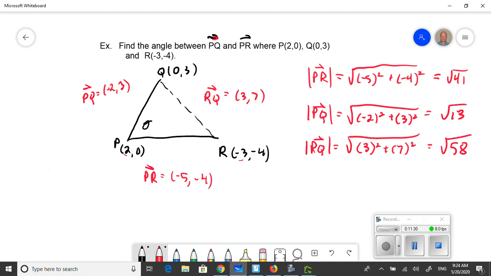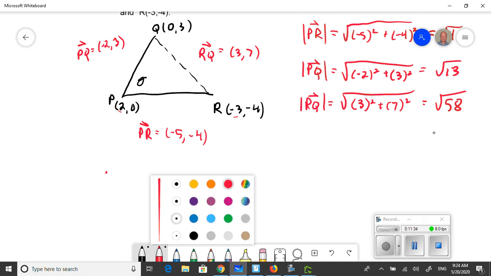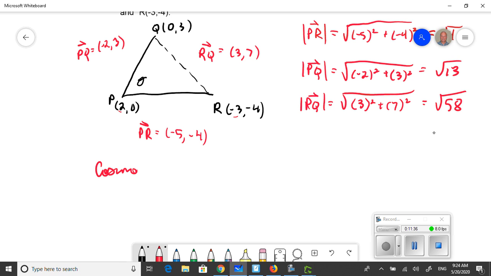Okay, so now I can set up a cosine law situation on this angle here. Okay, so that's going to be my RQ.